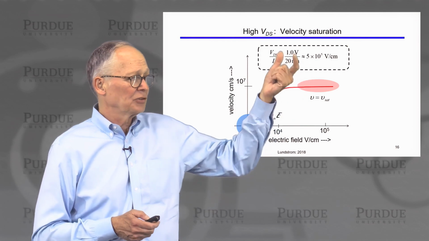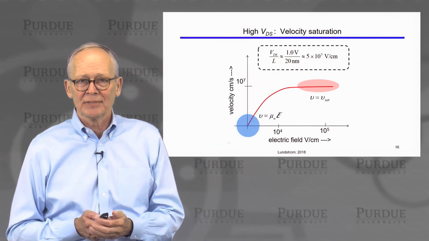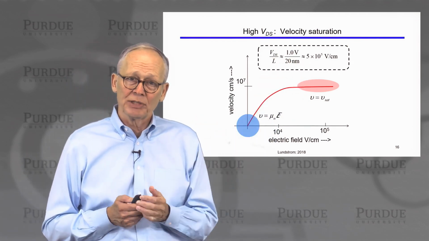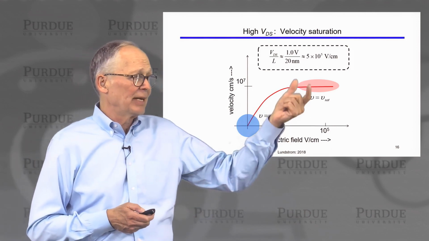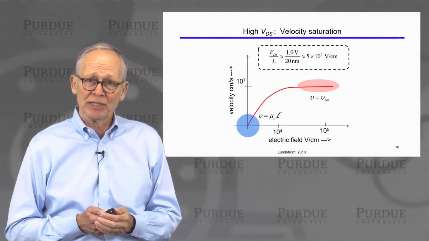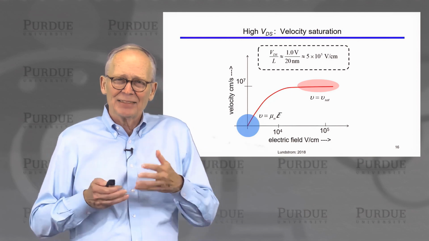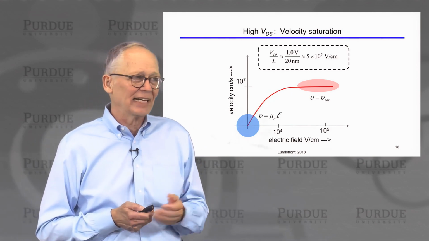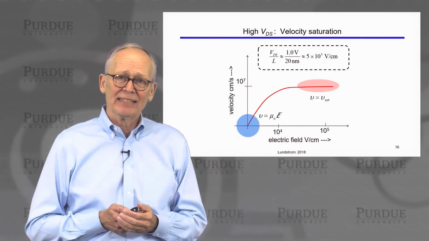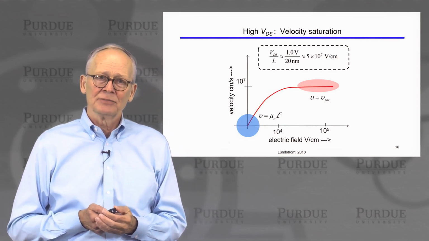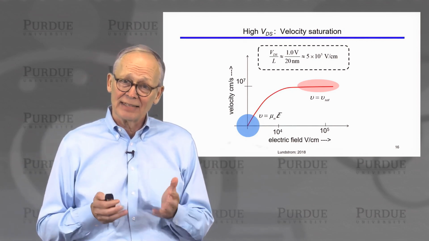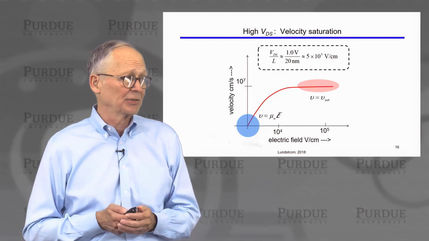So today's transistors might have about 1 volt between the drain and the source. They might have a channel length of about 20 nanometers long. If we estimate the average electric field inside the channel, we would find that it is 500,000 volts per centimeter. That is a very high electric field.